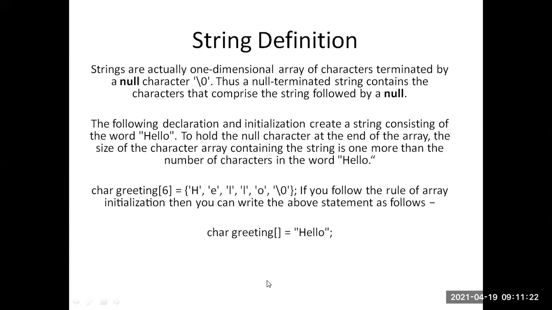The compiler will allocate size 6 for greeting, because there are 5 characters and the last character is the null. So in total 6 characters, and it allocates memory of size 6. In this way we can represent the string, and in this way also.